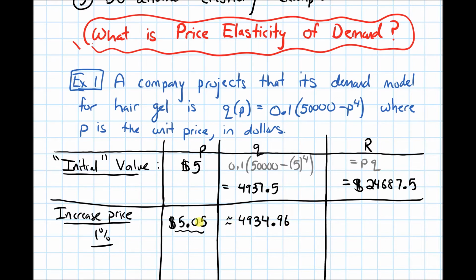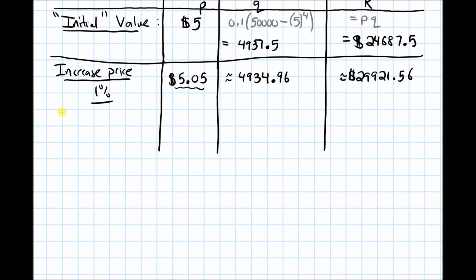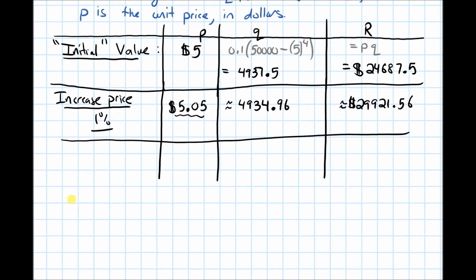And if you multiply this price and this demand together, we get the revenue. Well, this is going to be an approximation as well because Q is an approximation. So this will give us some value, $2,921.56.